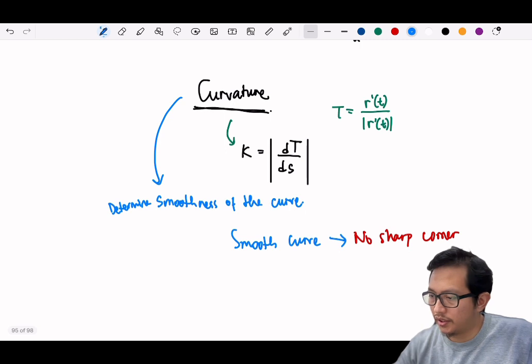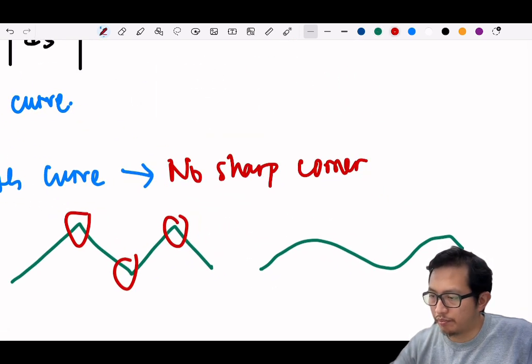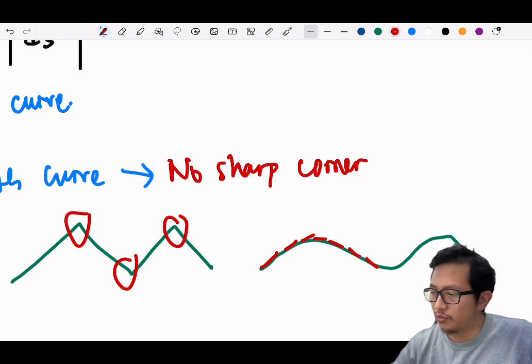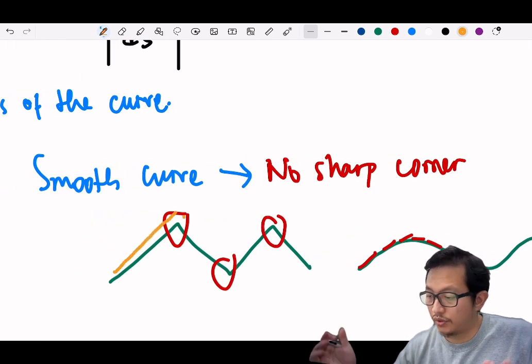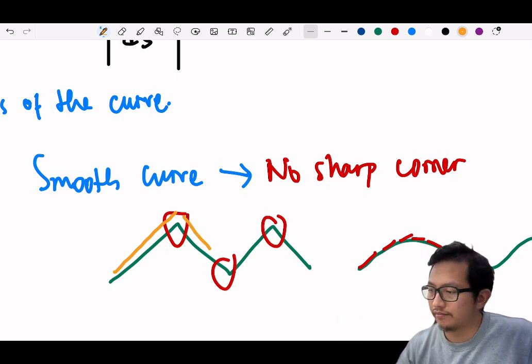For example, here, if we have something like that, this is a sharp corner. That's not smooth. Smooth is something like this, where the way it changes for every period of t does not spike so much. But when it goes here and then suddenly goes down, it's not smooth. The changes are not smooth, right?